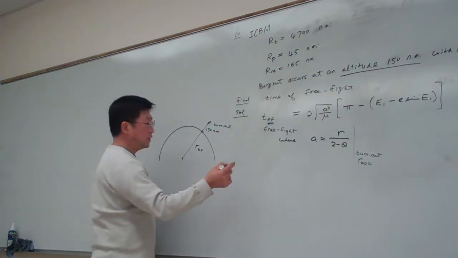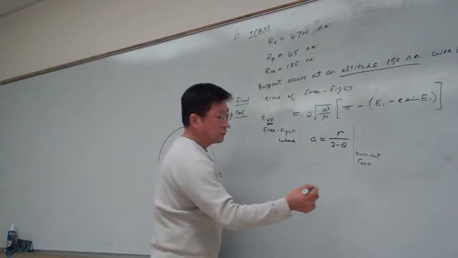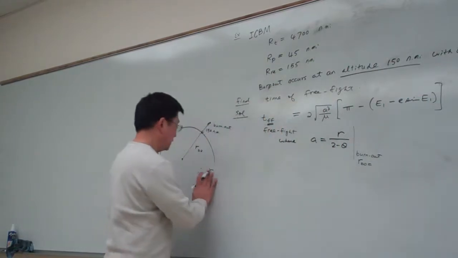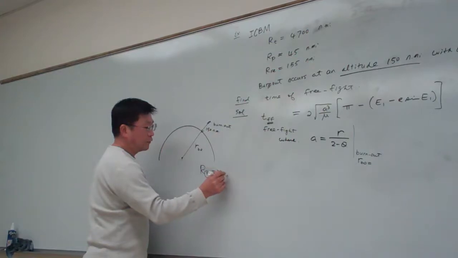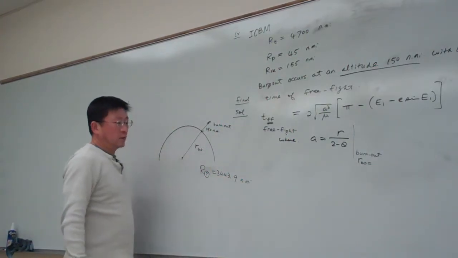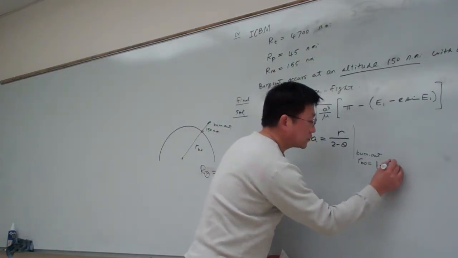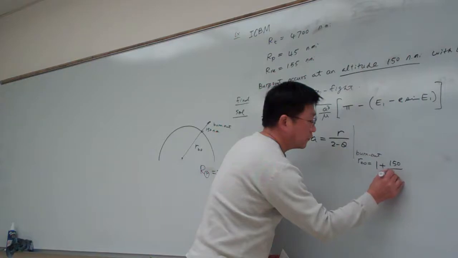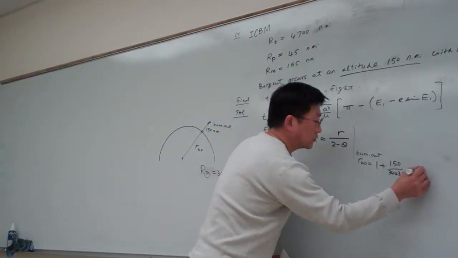So RBO is equal to the Earth's radius, 3443.9. Let me convert it into DU. That will be equal to 1 plus 150 over 3443.9, and this is in DU.